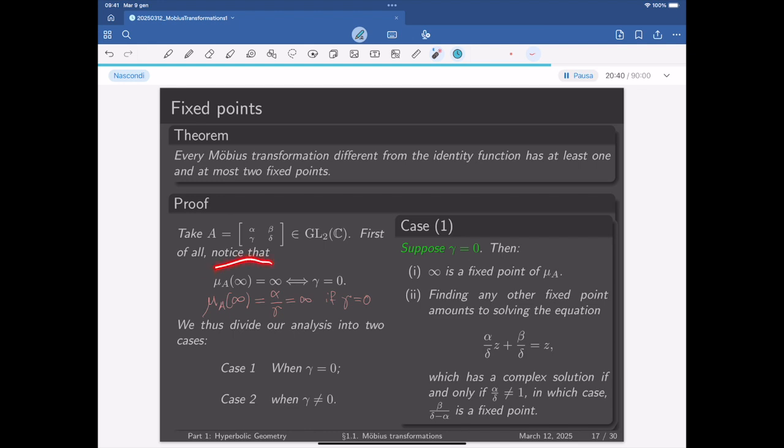Okay. Once we notice this, then we divide into two cases. Either infinity is a fixed point or it is not. So in the first case, what we have is gamma equal to 0. So being a fixed point amounts to being a solution of this equation. And here I have to assume that mu alpha is not the identity.